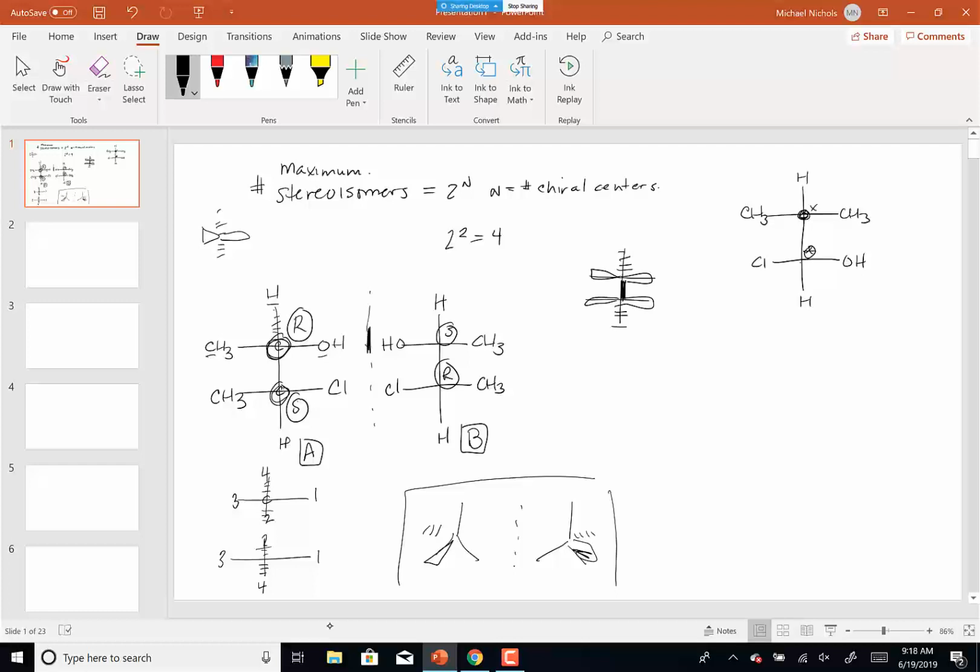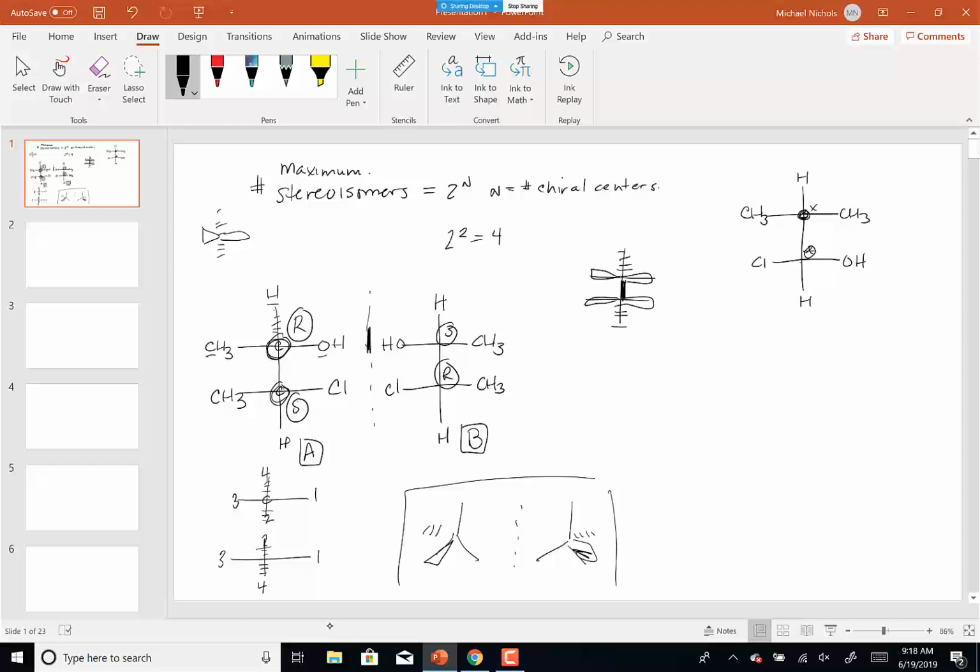So we can determine that they're enantiomers by looking at the chiral centers and saying, okay, each chiral center is opposite in the two molecules. That's also a definition of enantiomers. So A and B are enantiomers because they're mirror image isomers. So that's why I had you initially determine R and S, because we need this alternative definition. We okay with that? All right, next.